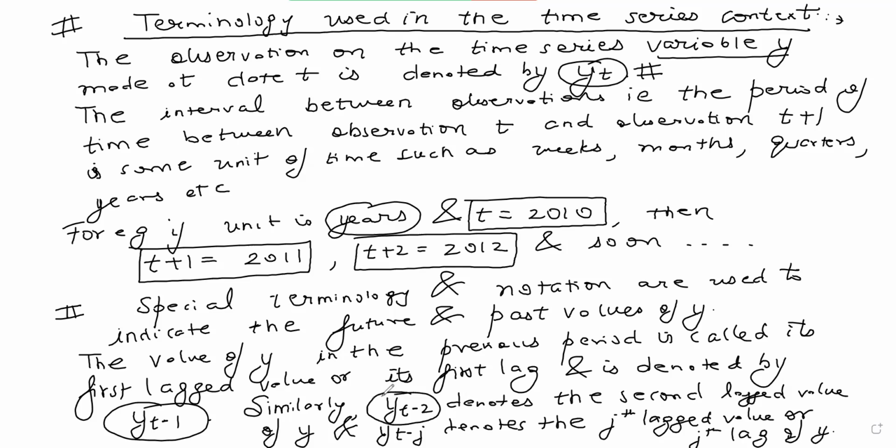Yt minus 2 is the value taken by variable y with a 2 period lag, or a second lagged value. Yt minus j in general is the value taken by variable y with a jth period lag, or jth lagged value. And the difference from period t to t plus 1 can be measured either in hours, days, weeks, months, quarters, years, and so on.